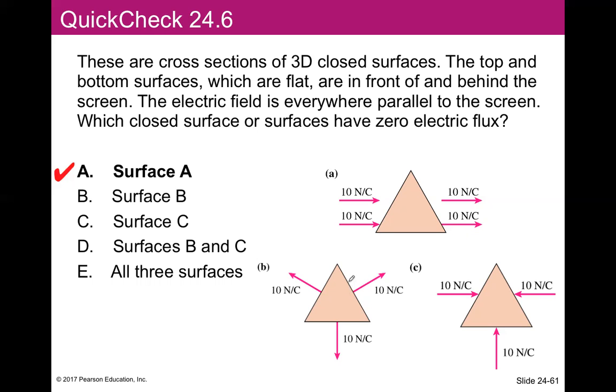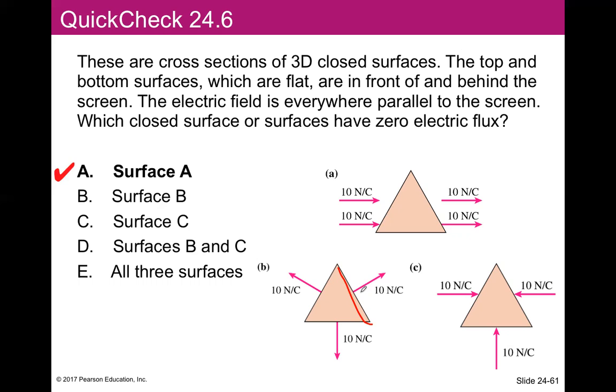B and C. So for B, if you still remember what you have learned for the definition of the direction of the surface. Now, for B, let's talk about the surface at the right side. What's the direction of this surface? Do you still remember that? Let's say if you have a surface, it could be a closed surface, it could be a not closed surface, but now let's talk about a closed surface.